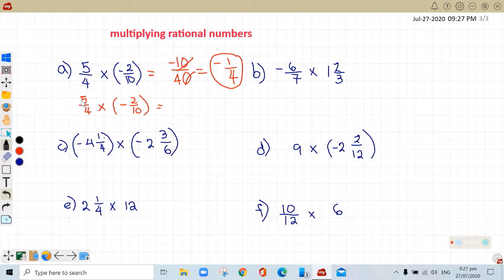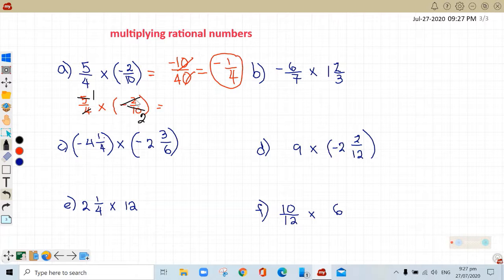For this one we can cancel 5 and 10. We can divide both by 5. So 5 divided by 5 will be 1, and 10 divided by 5 will be 2. Then next, we can also cancel 4 and negative 2 because both of them can be divided by 2.